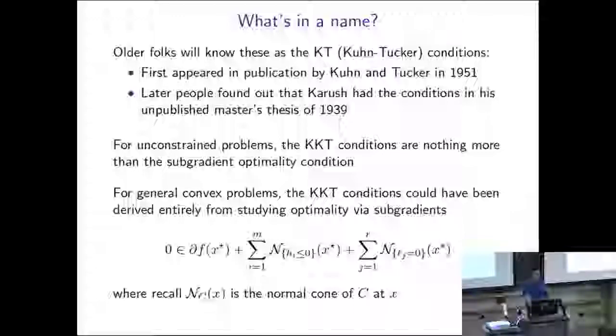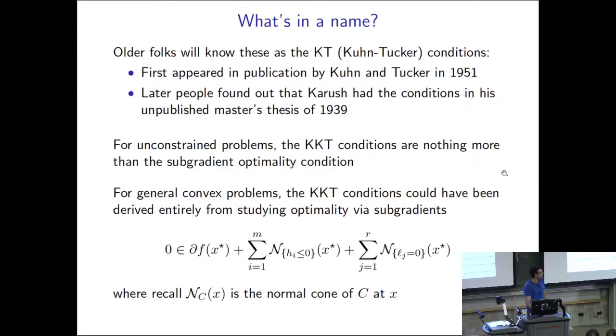So he actually had these conditions a bunch earlier. And now we call them the Karush-Kuhn-Tucker conditions, and we put his name at the very front to acknowledge the fact that he had them so much earlier. So now they're the KKT conditions.